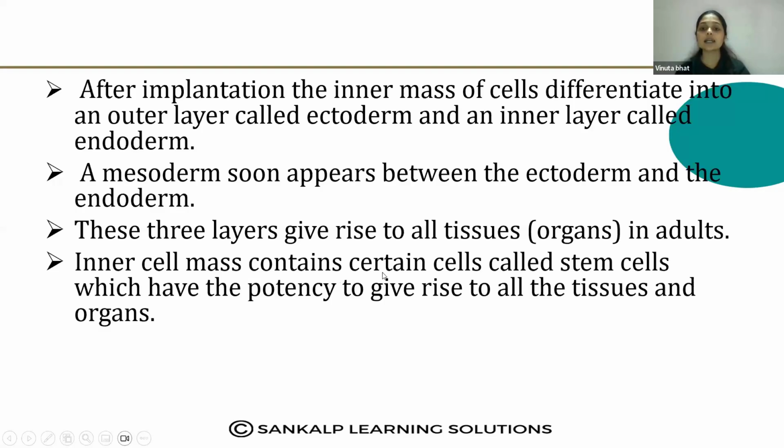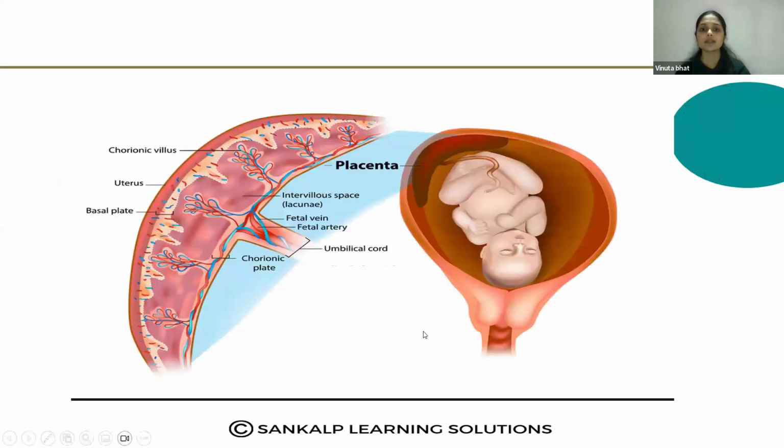The inner cell mass contains cells called stem cells, which have the potency to give rise to all the tissues and the organs. Then, this is the placenta, and this is how the placenta is connected to the embryo through the umbilical cord, and how it helps in the development of the baby.